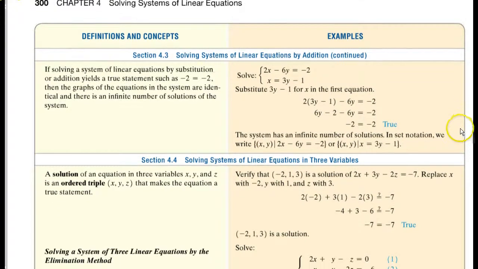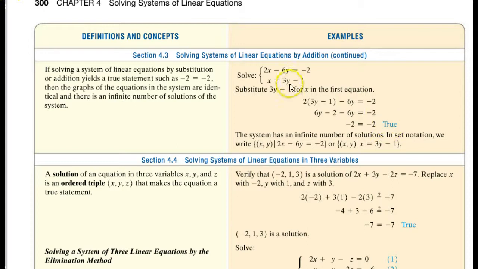And here is one right here. So we use substitution here. We're going to put our 3y minus 1 where x is, right there. And know what happens. You get -2 equals -2. Is that a true statement?